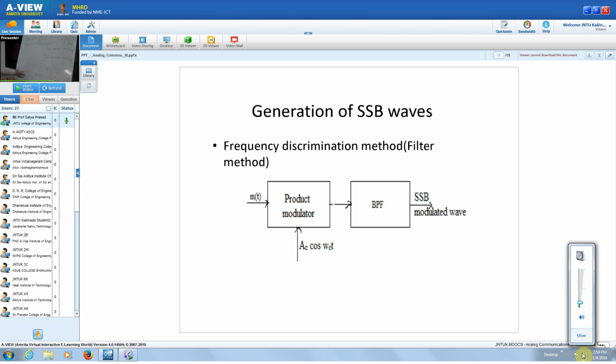In the filtering method, what we are doing is we have the DSB signal by a product modulation, right? Therefore, you have a product modulator or a balanced modulator, with m of t and cos omega ct the carrier.